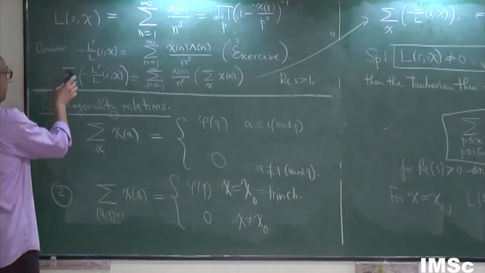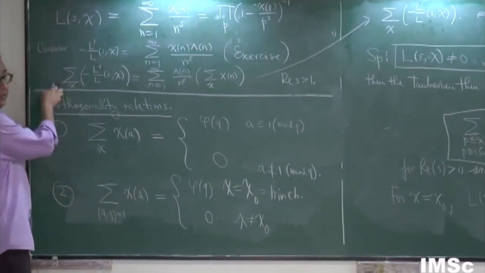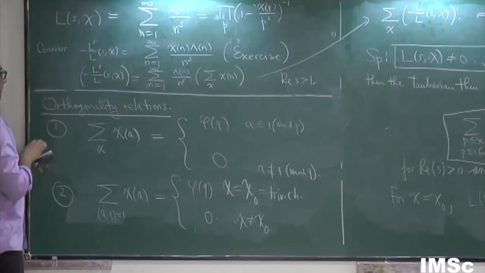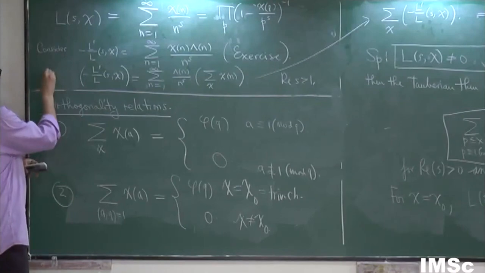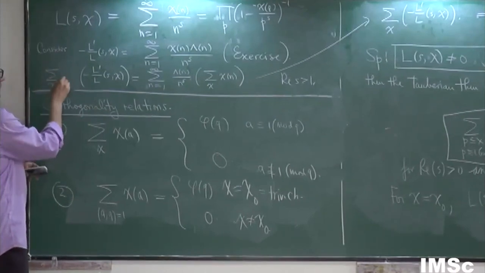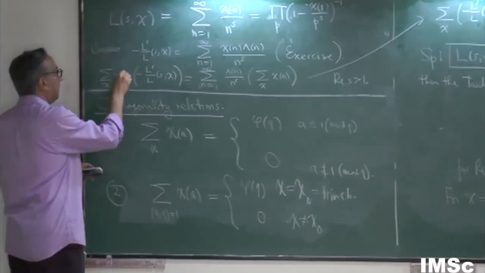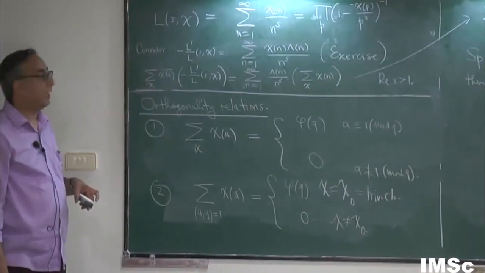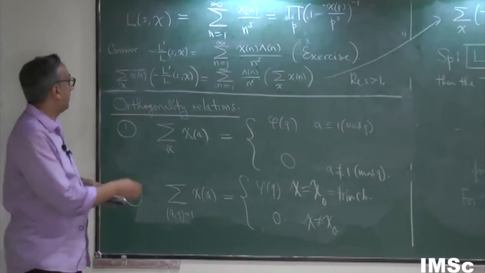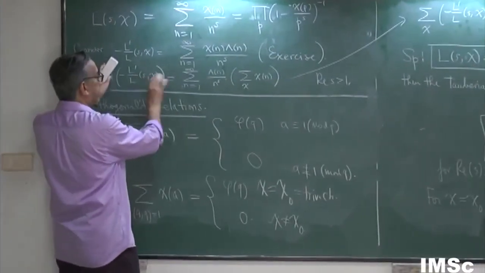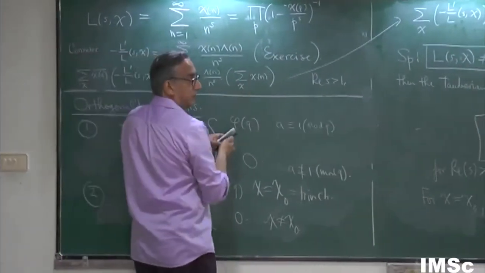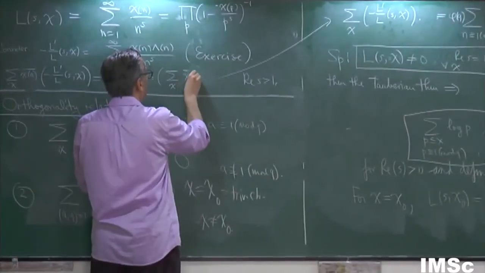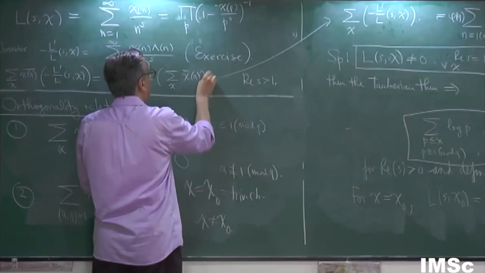What Dirichlet does is he goes back to this line and says, before I sum this, let me just multiply by chi bar of a and add them up. So instead of just adding this up like what I got here, this would now change to chi bar of a times chi of n.